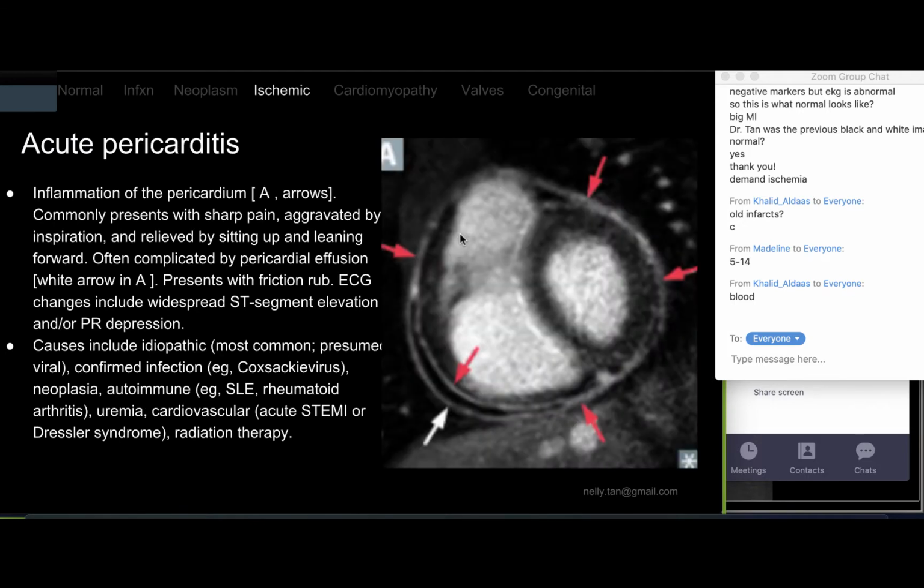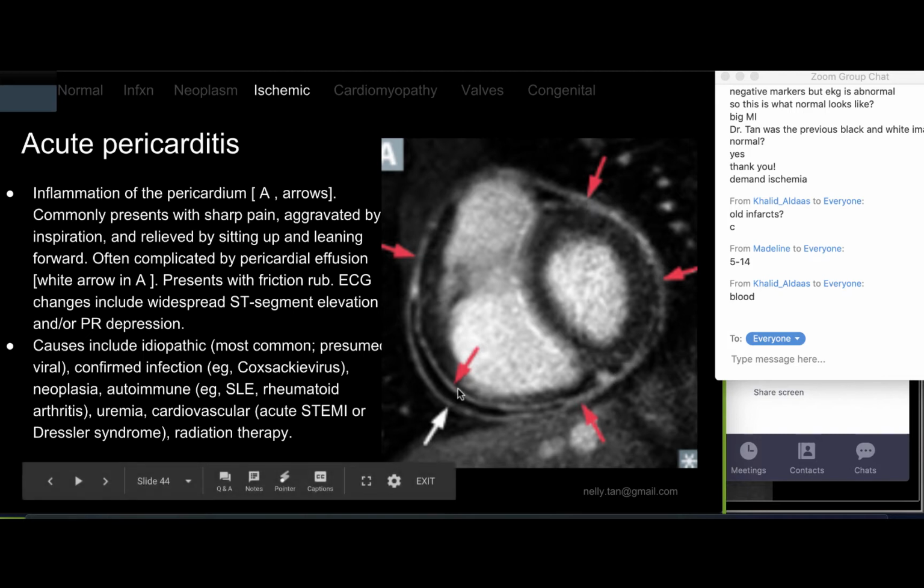Acute pericarditis, that's one complication of myocardial infarction, but there are different causes. In the appropriate setting, it could be from MI, but it can be from viral as well and other causes, or idiopathic in most cases. So this is a left ventricle, and here there are different layers of the pericardium, the visceral and parietal layer, and it's enhancing.